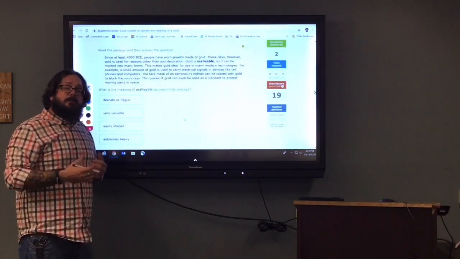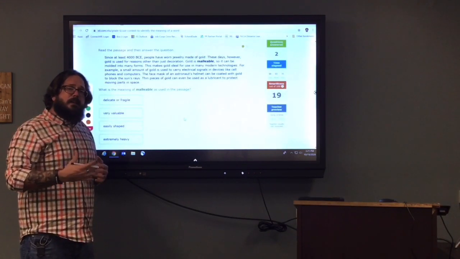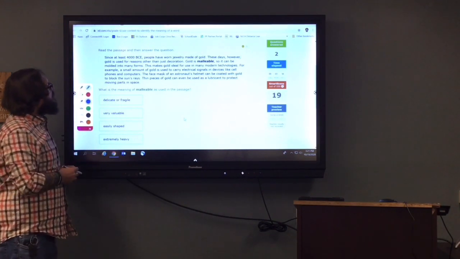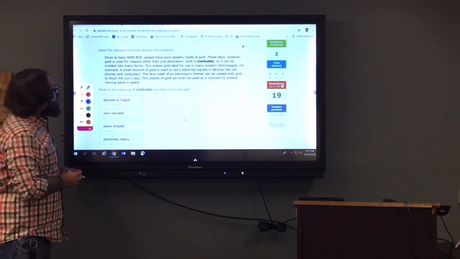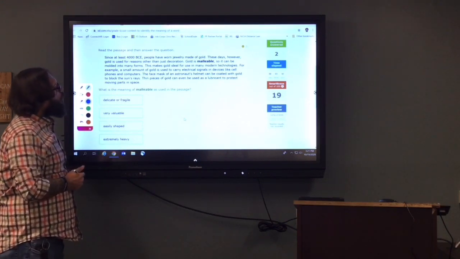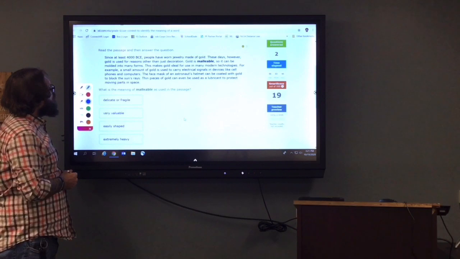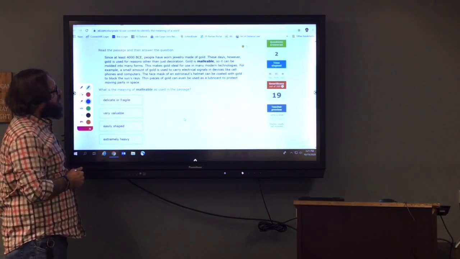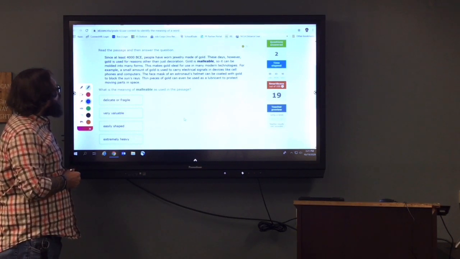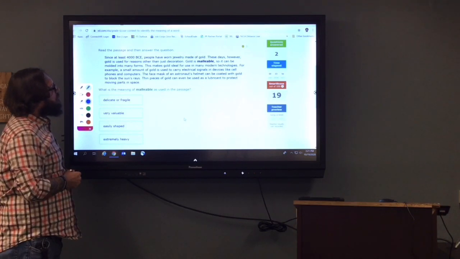In our final example, let's see if we can identify the meaning of the word malleable. Since at least 4000 BCE, people have worn jewelry made of gold. These days, however, gold is used for reasons other than just decoration. Gold is malleable, so it can be molded into many forms. This makes gold ideal for use in many modern technologies.